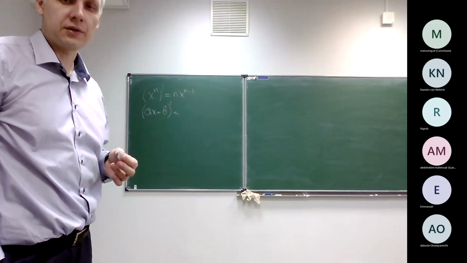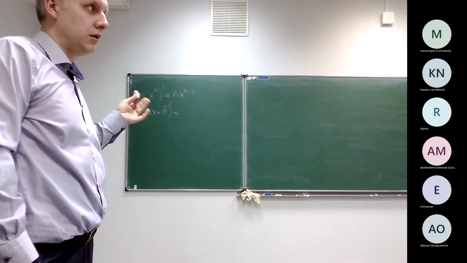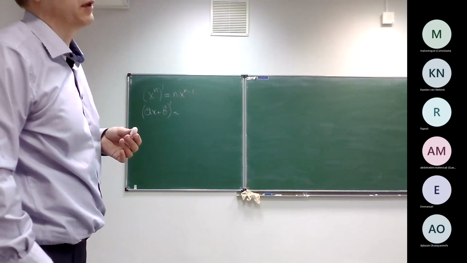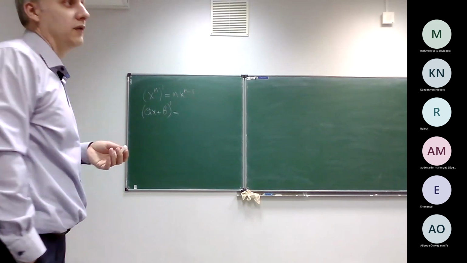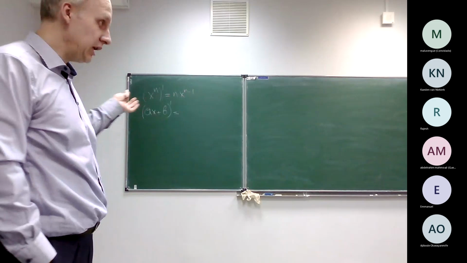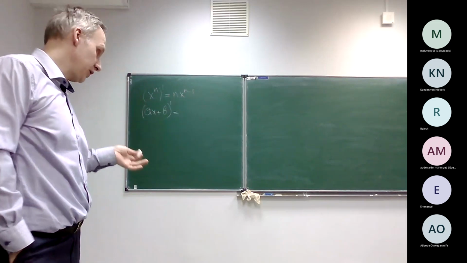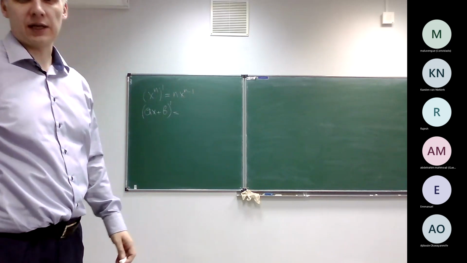I think this question is very simple. We recall the formula for finding the derivative of x power n, but here we have x power 1. The question is, what is the first derivative of ax plus b?